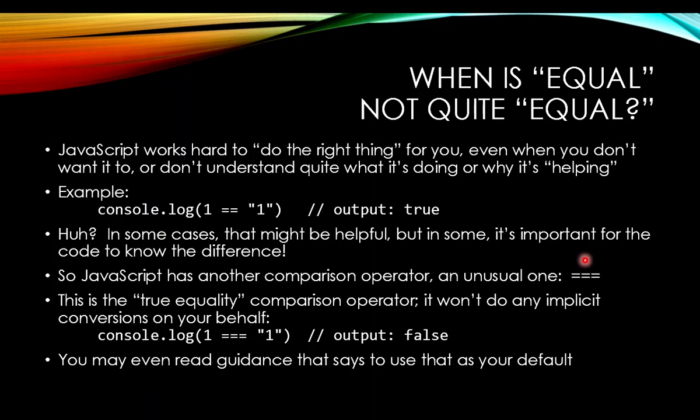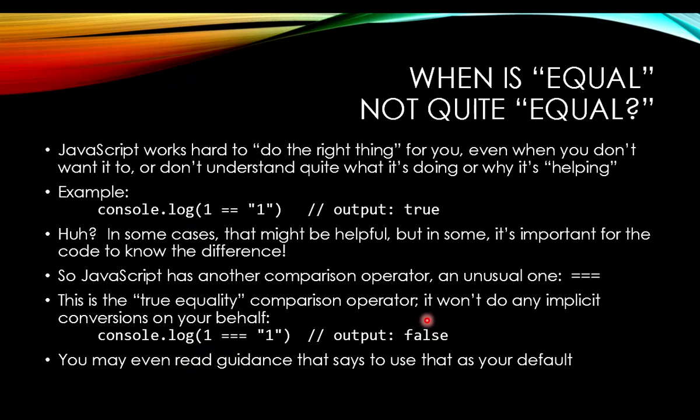True equality. And that says, do not do any helpful conversion. Don't do anything helpful to me when you compare these two things. Just tell me whether they're absolutely, really the same. So if I ask, is 1 truly equal to string 1, the output's going to say, nope, it is not. It is not the same thing.